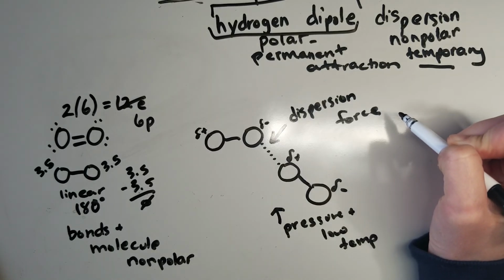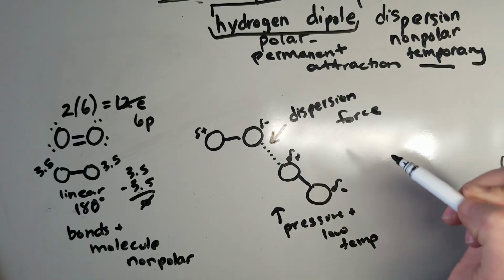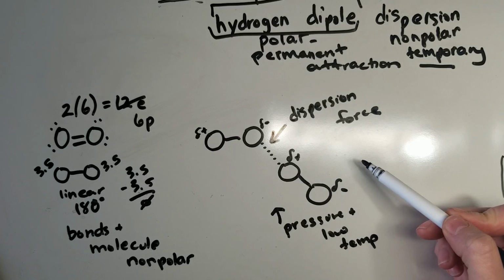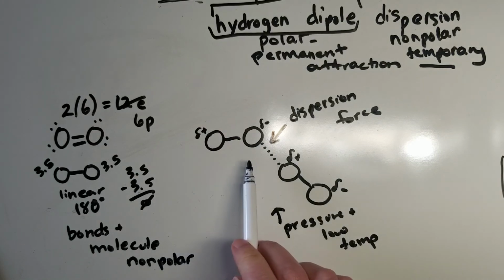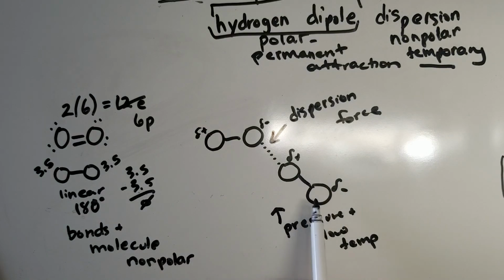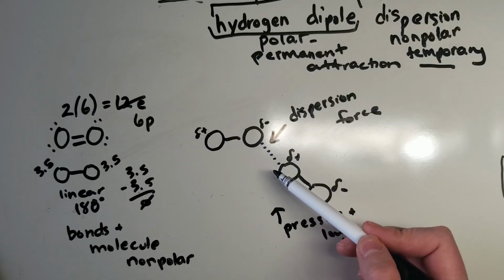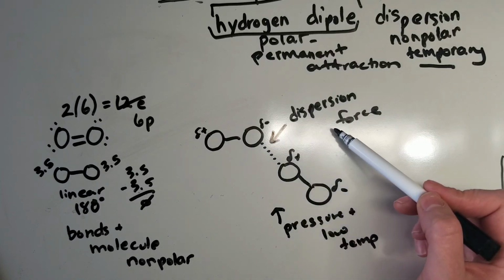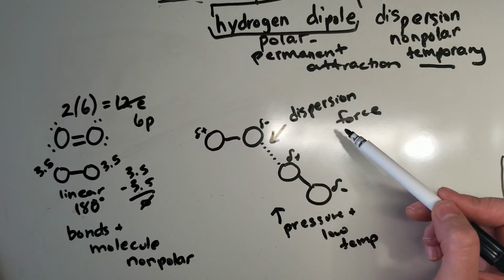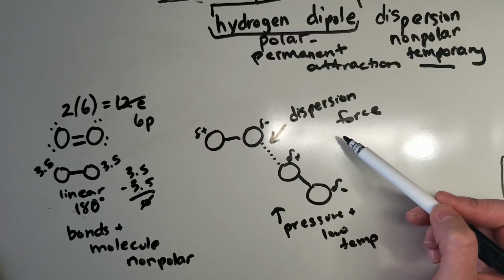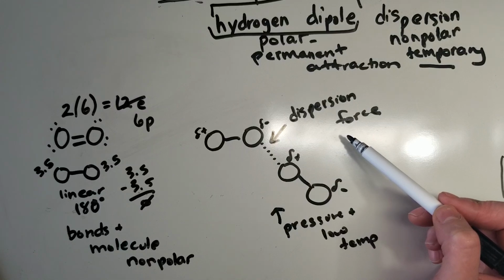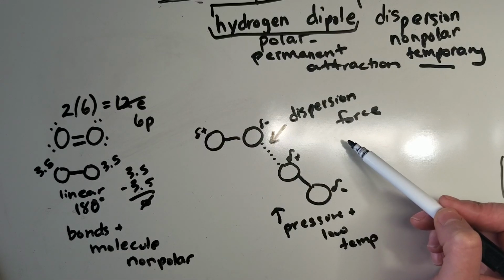So the ultimate answer is, for any kind of nonpolar molecule, you draw the molecule, draw a second molecule, show how those two molecules are going to be connected to each other, and label that with the force that holds them together. In the case of a nonpolar molecule, that is always going to be a dispersion force.